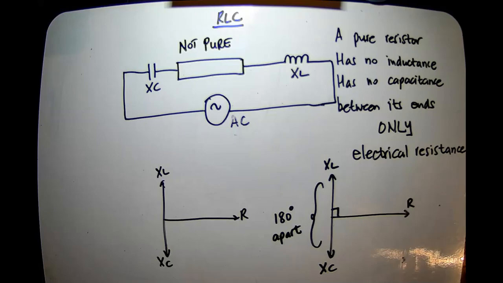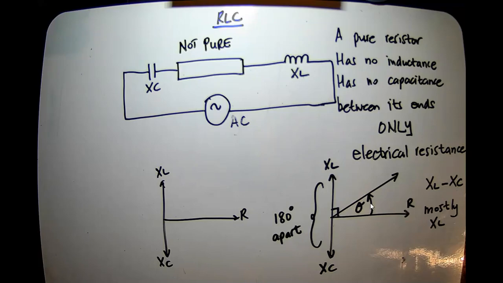Looking at it again, we can see that if XL is greater than XC, the resultant phasor is going to be on the top, because XL is greater than XC. This angle is called the phasor angle. When your phasor angle is 0, the power factor is equal to 1.